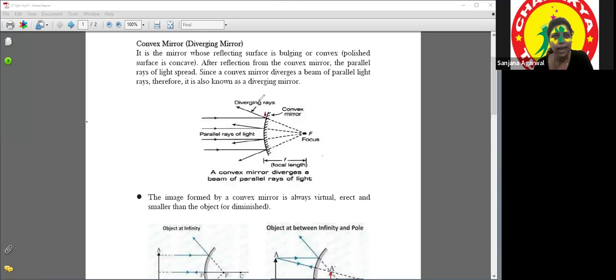Now, like in the case of a concave mirror, a convex mirror also has a property: when we point it towards the sun's rays or any rays coming from a far-off distance, meaning parallel rays, because those are considered parallel, when parallel rays strike, all the rays will diverge, meaning they spread out in direction. They are not going to converge at all.